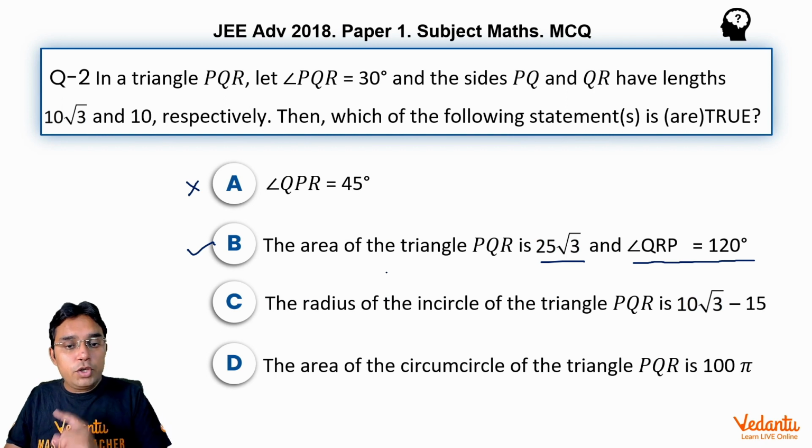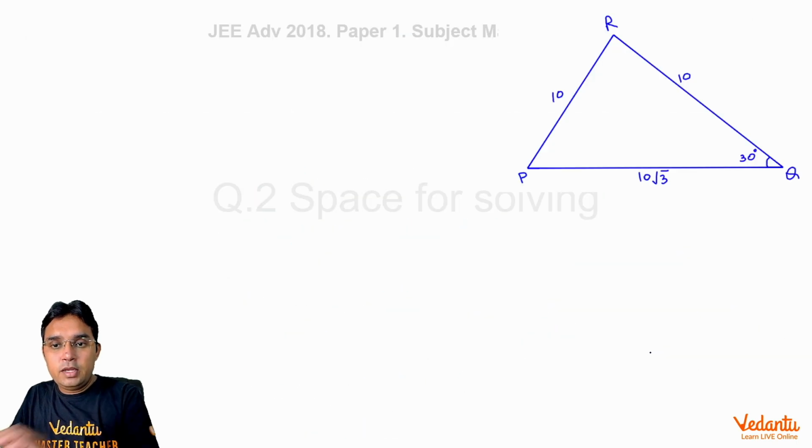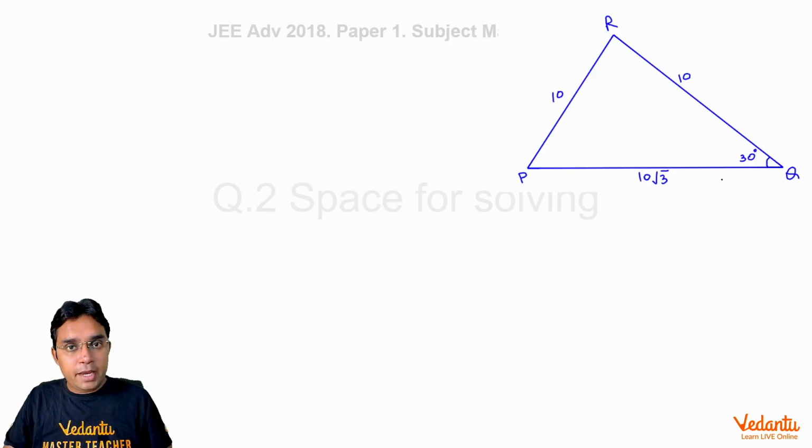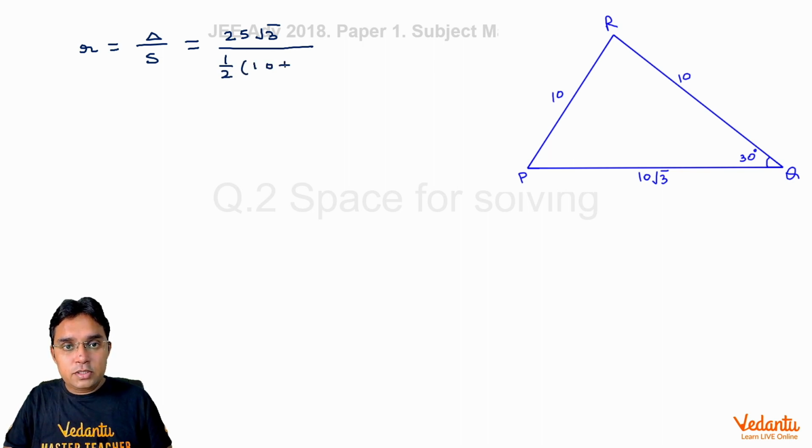Okay, now coming to option C, the radius of incircle, that means inradius of this triangle PQR, is asked. Now once we know all the three sides, to find the inradius, we can use the formula delta upon S. Already we have found delta to be 25 root 3. And S means the semi-perimeter. So 1 by 2 into (10 plus 10 plus 10 root 3).